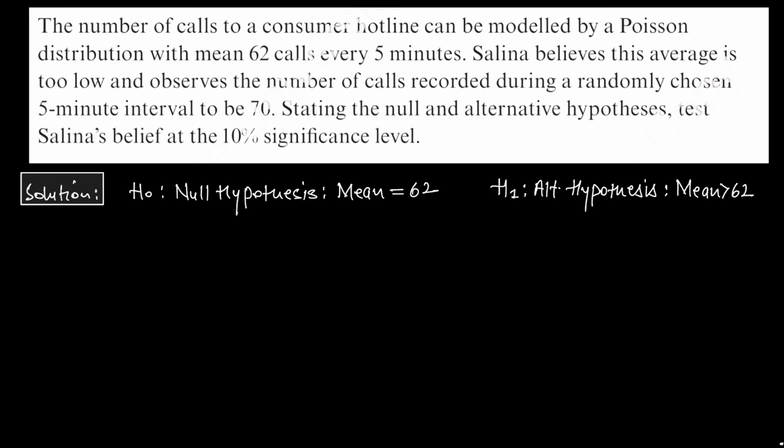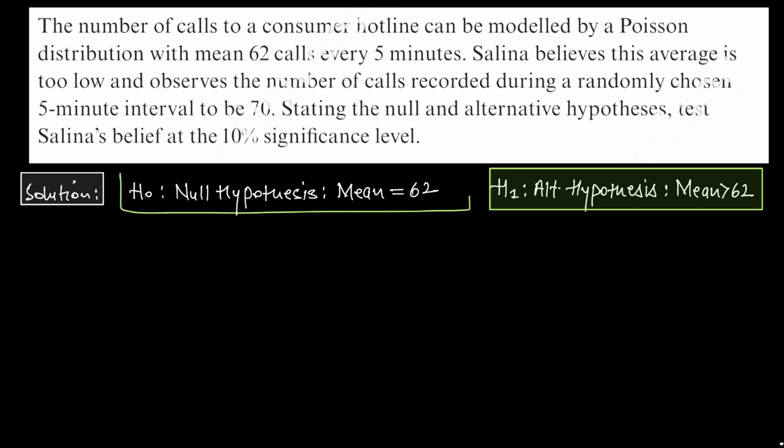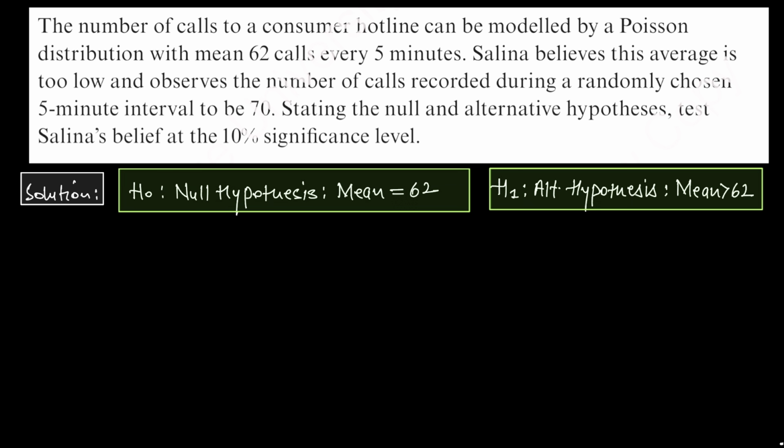Okay, so these are the two hypotheses. This is your alternative hypothesis, the claimed hypothesis, which we need to test, and this is our null hypothesis, or the established hypothesis. So let's proceed with the solution part of it.